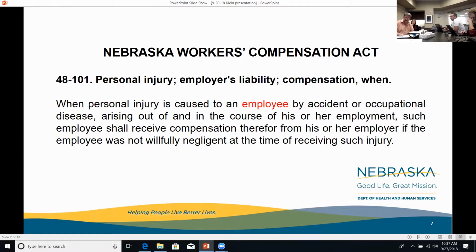And then in addition to that, under our Nebraska Workers' Compensation Act, at the baseline, if you're an employee and you're hurt by accident or occupational disease in the course of your employment, you're entitled to compensation as long as you weren't willfully negligent at the time of receiving that injury.